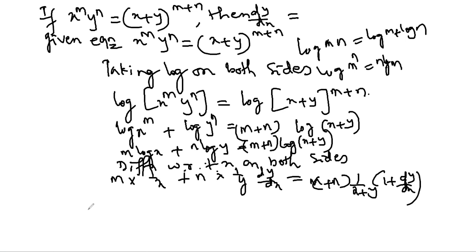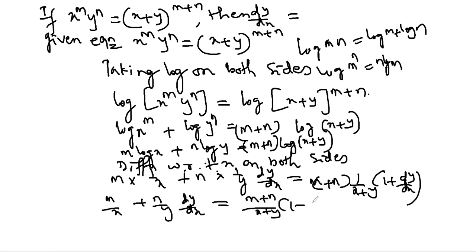Once again I will write one more step: m by x plus n by y into dy by dx is equal to (m plus n) by (x plus y) into bracket (1 plus dy by dx).